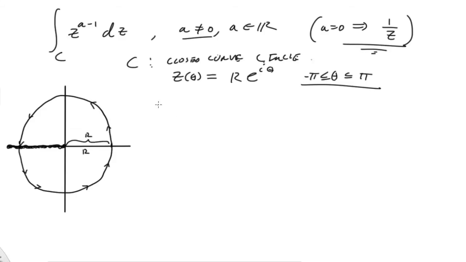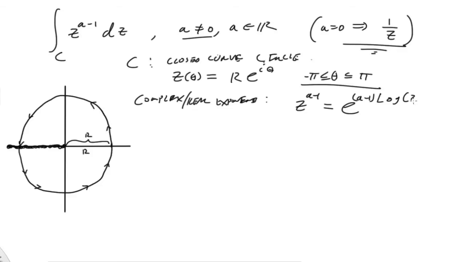But let's rewrite z to the a. We know that for real exponents, we can write z to the a minus 1 as e to the a minus 1 times the principal log of z.